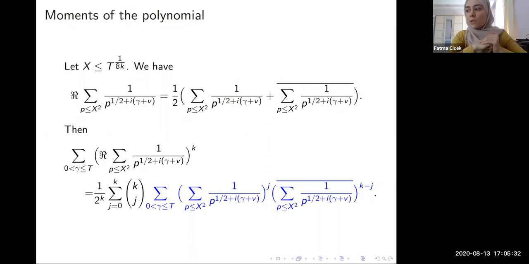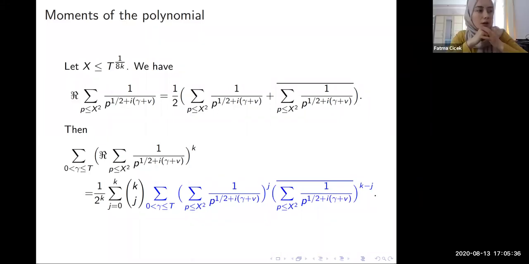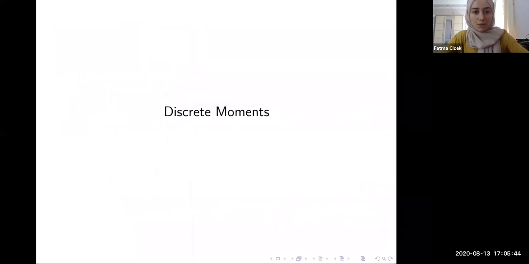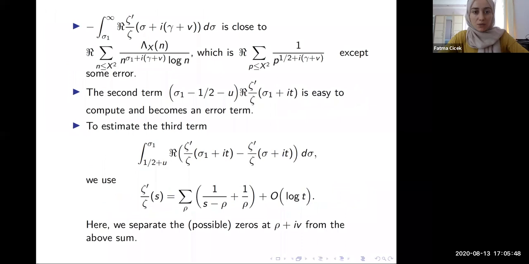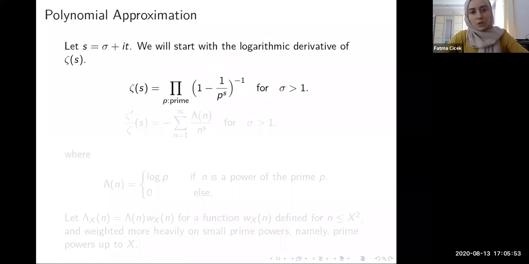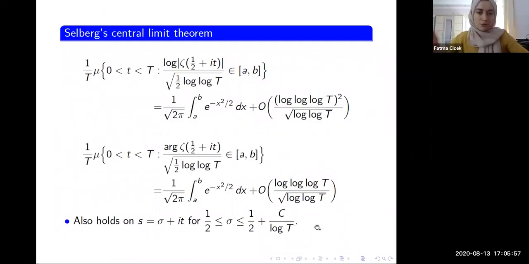It's direct from the functional equation. I think you would probably have a different mean as well. Even in the usual Selberg central limit theorem, we assume that we are on the critical line, and here I stated it to the left of the critical line.